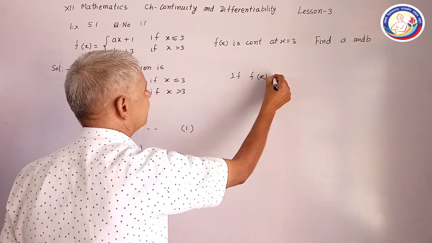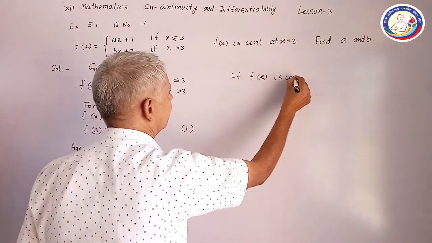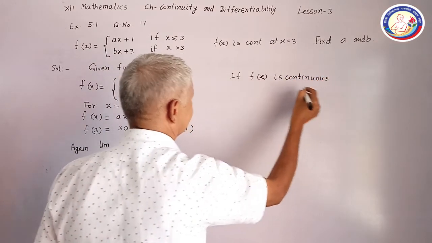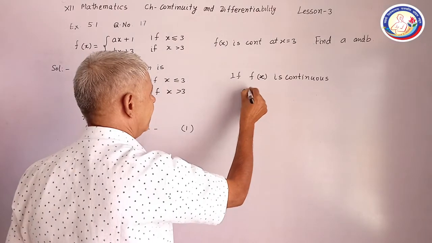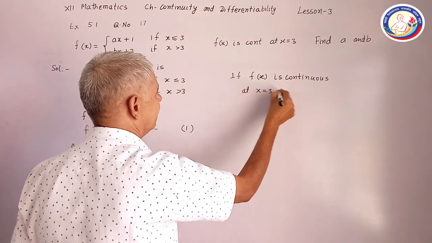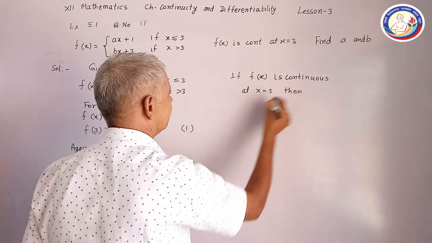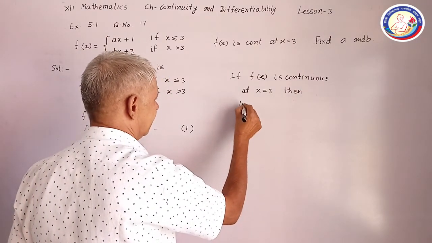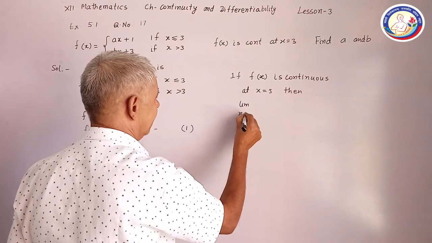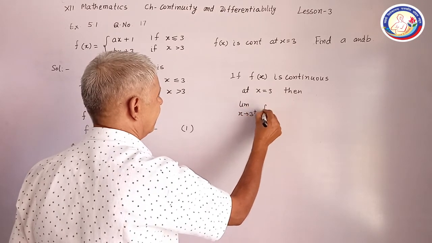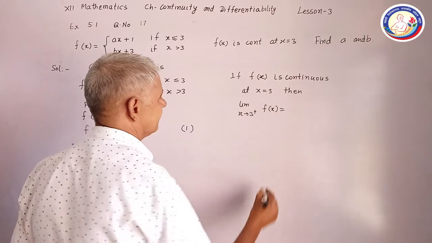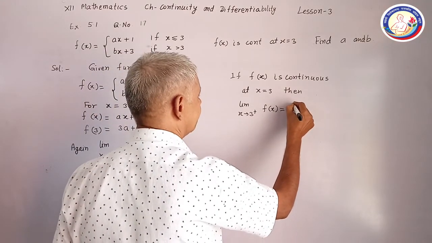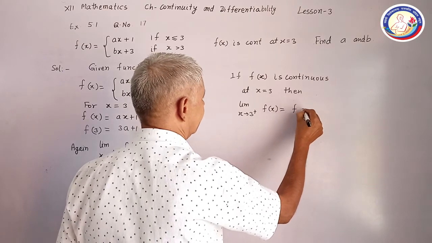Now if the function f(x) is continuous at x equal to 3, then limit x tending to 3 plus f(x) will be equal to f(3).